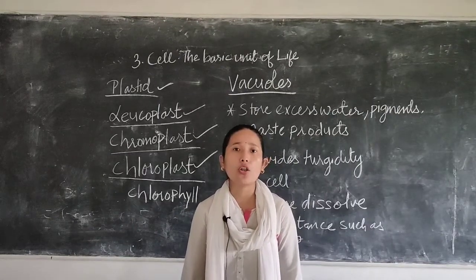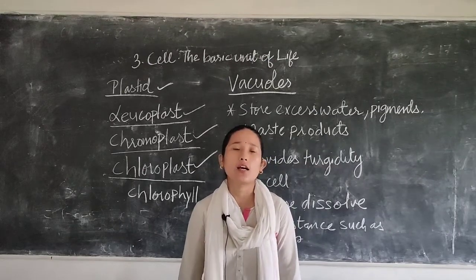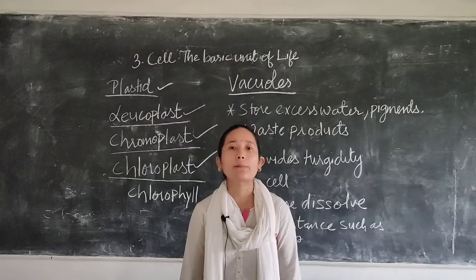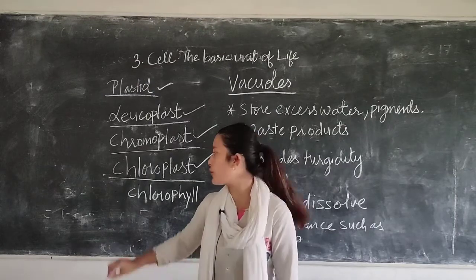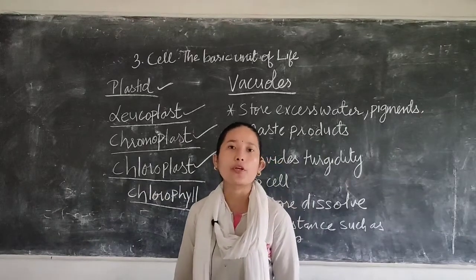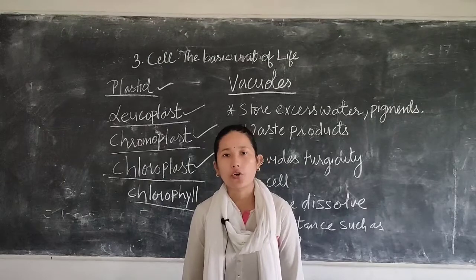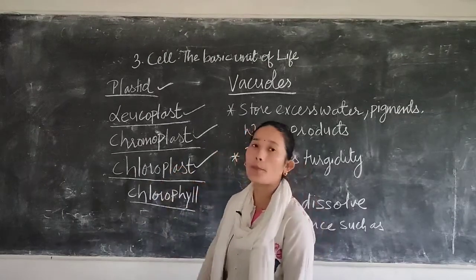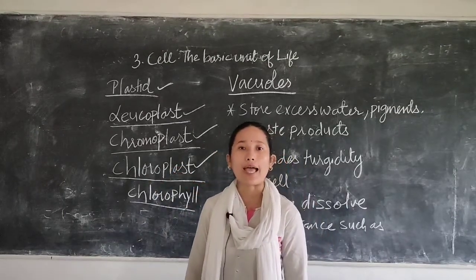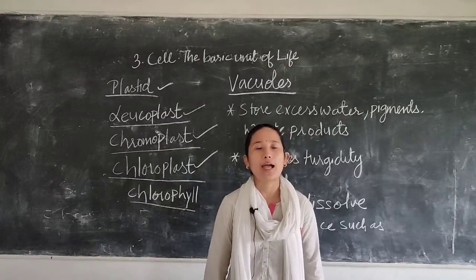I hope you all know what photosynthesis is: it's a process by which green plants prepare food. If there would be no chlorophyll, plants cannot prepare food because chlorophyll helps in trapping the sunlight. That's why chloroplast is also referred to as the kitchen of a plant.